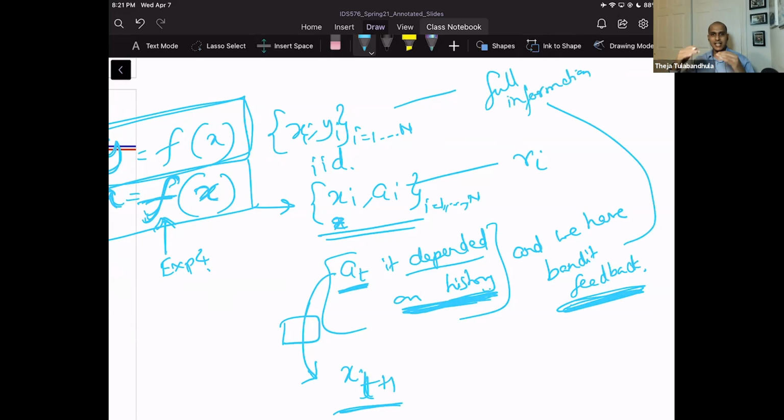Whereas with the bandit, contextual bandit, or reinforcement learning setting, in a given state you can take an action and you get a reward, but you don't know what is the best action to take.